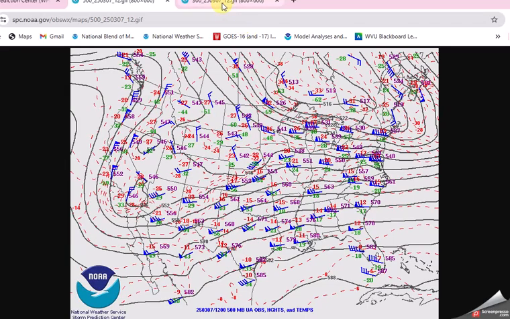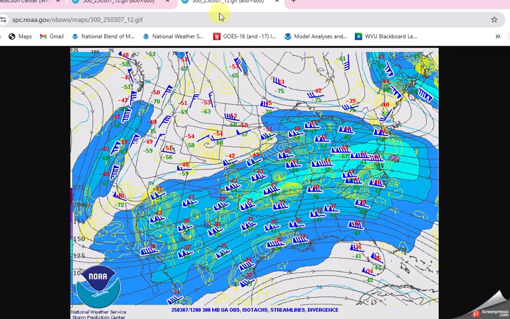And then we go up even higher in the atmosphere, 300 millibars, where the jet stream is. And we're getting winds. Here's 115 knots. It's 130 knots. 140 knots. Some pretty strong winds along here, right? So, again, blowing right along the contours.